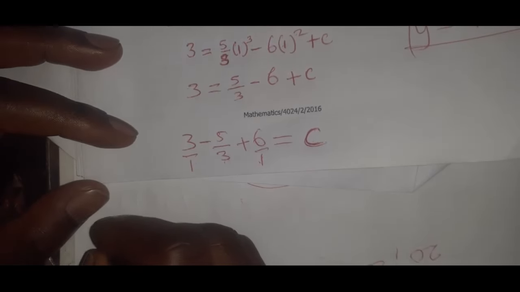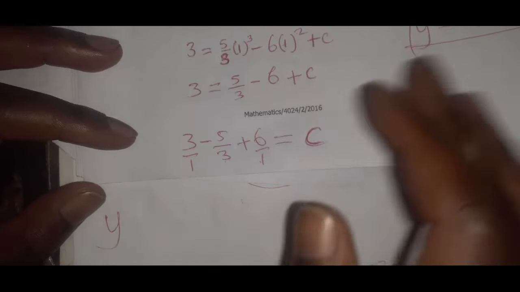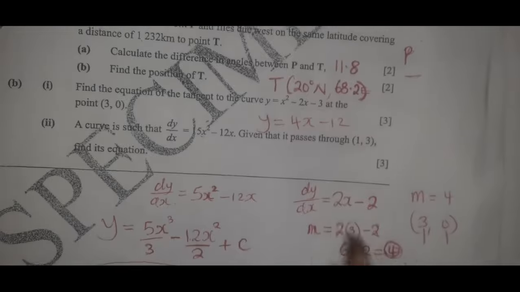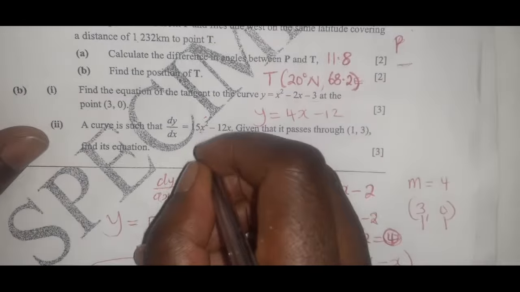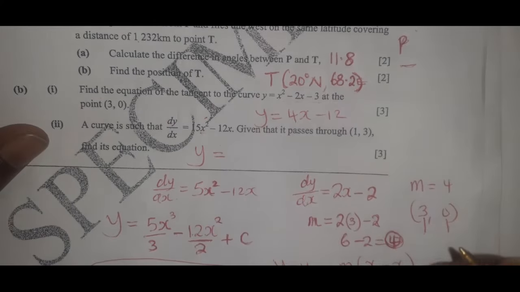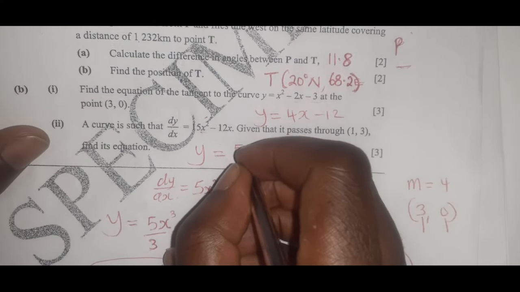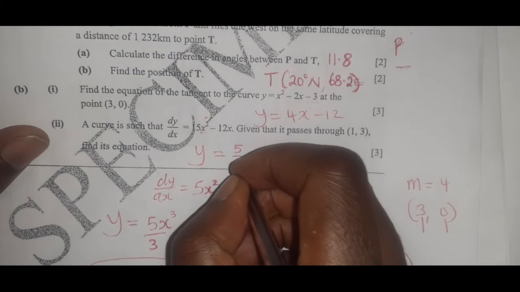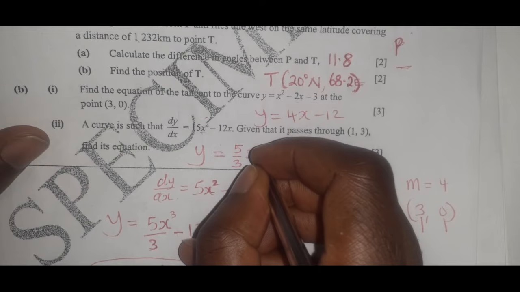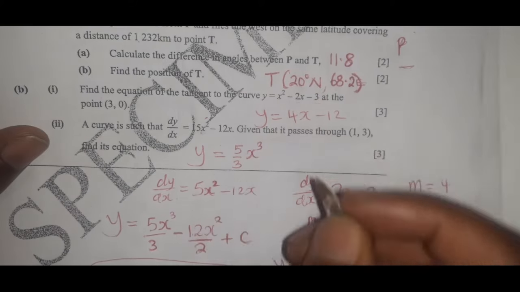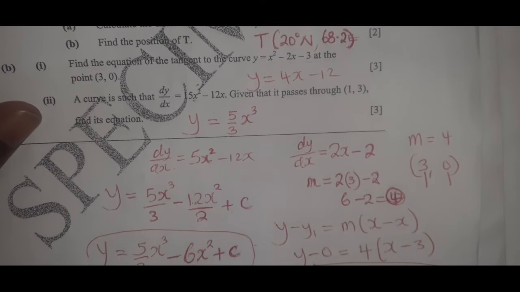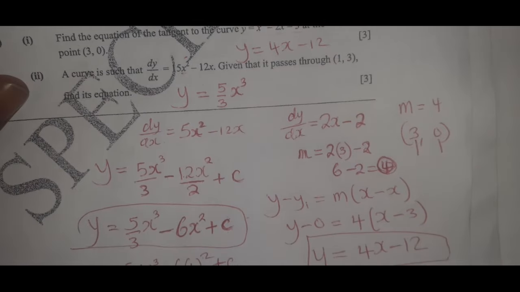So it's going to be the equation here now. The equation of the curve is going to be y is equals to 5 over 3 x to the power 3, which is this one here. Okay.